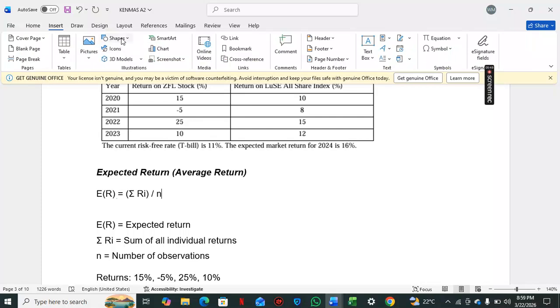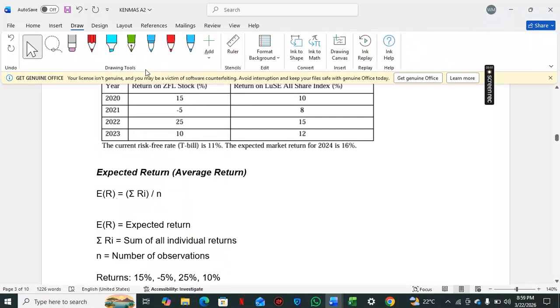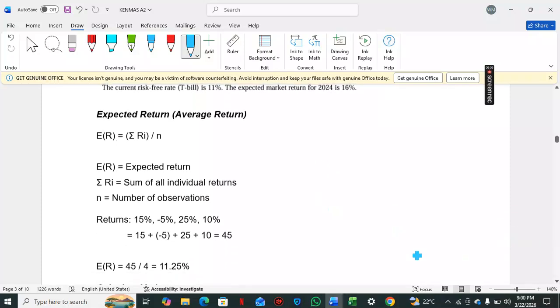So you're just going to add 15 plus -5 plus 25 plus 10, and you divide that by 4. 15 plus -5 gives us 10. 10 plus 25 is 35. 35 plus 10, you get 45.